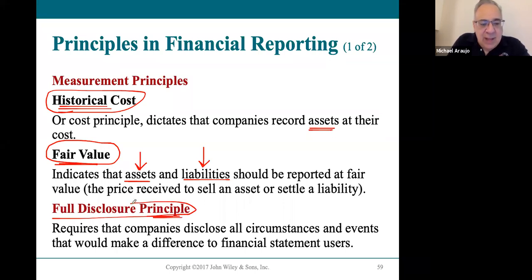One of the issues that is very interesting, because it's a principle, remember, generally accepted accounting principles, is how much a company should be telling its owners and the public about what's happening. Well, that's the full disclosure principle. All circumstances and events that would make a difference to the users of financial statements should be disclosed, okay?